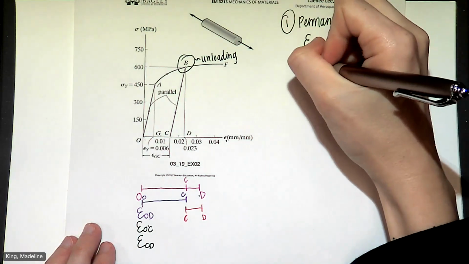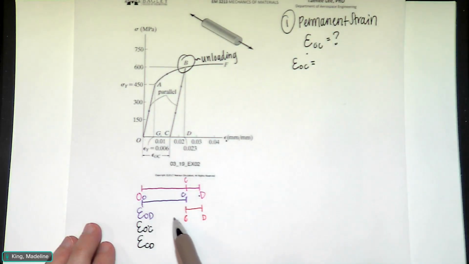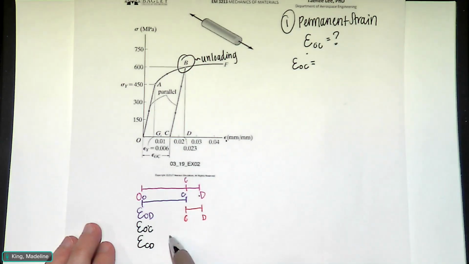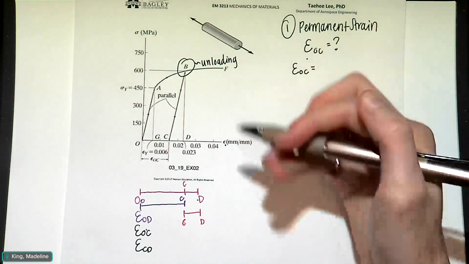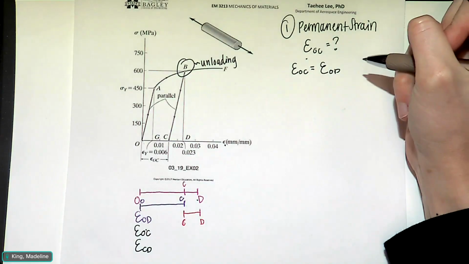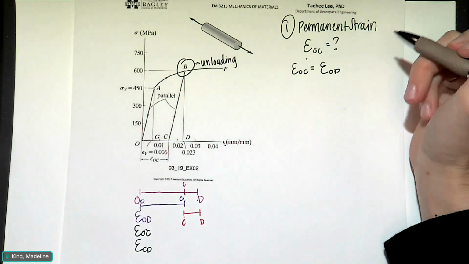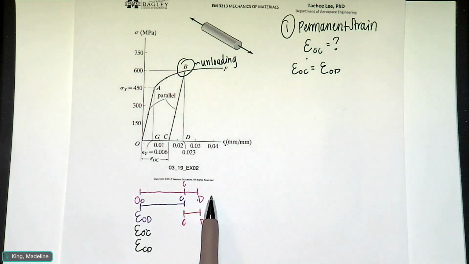So we know if we do some simple subtraction, wait, sorry, one sec. Let me make sure I'm doing this right. Yes, okay. So we know epsilon OD. Okay, I was confusing myself. Epsilon OD is the whole line.